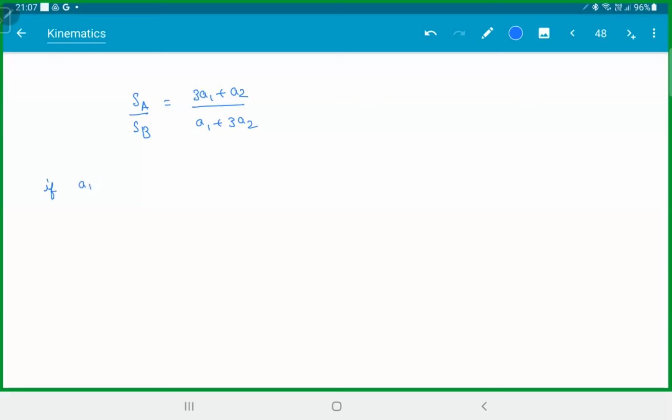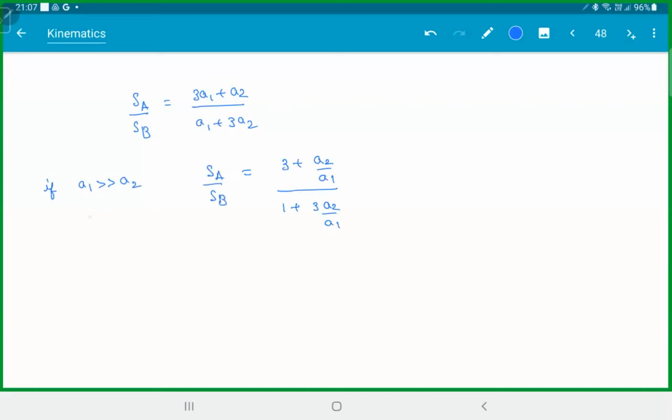If a1 is much greater than a2, that symbol is much greater than, I can write this as SA by SB equal to, taking a1 common, (3 plus a2 by a1) by (1 plus 3 a2 by a1).